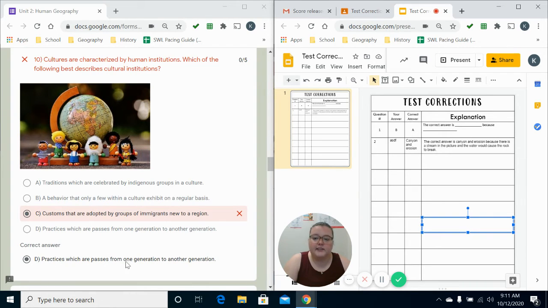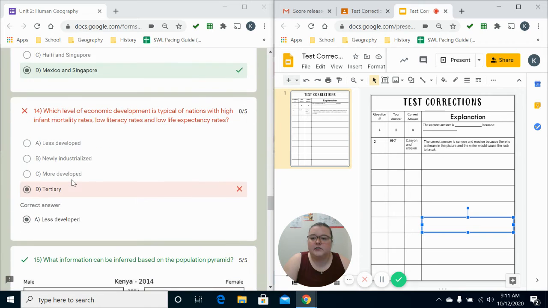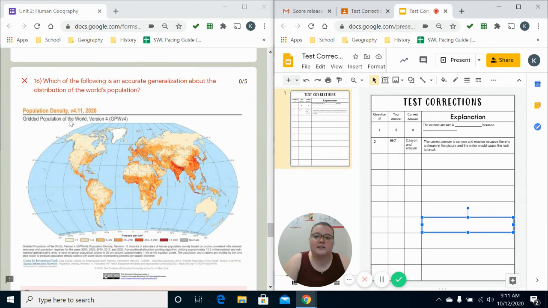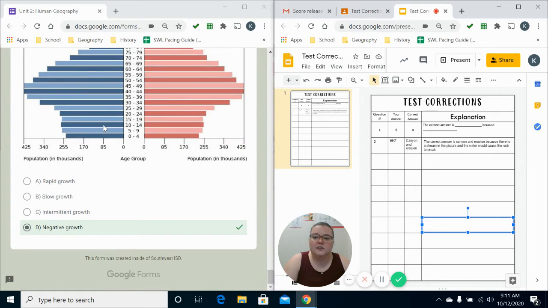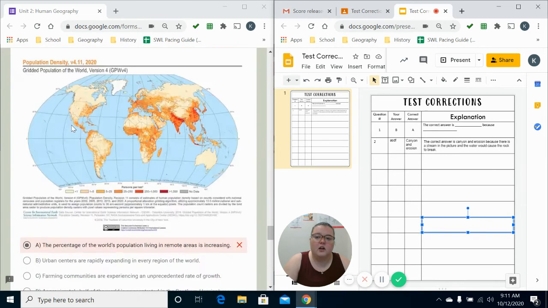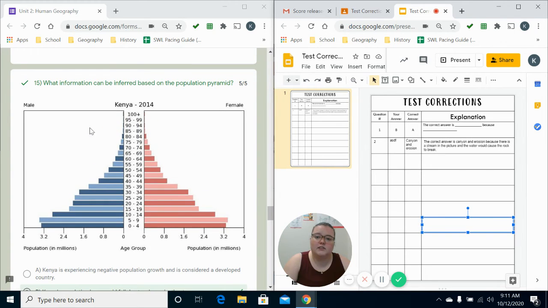The correct answer was D. You don't have to do test corrections on these because it's technically marked correct on your score. But for question 10, I gave y'all points. For question 15, I gave y'all some points. 16, I gave y'all some points. I think I gave you 20 points because I might have done question 20 as well. These were just ones that we had a lot of difficulties with.